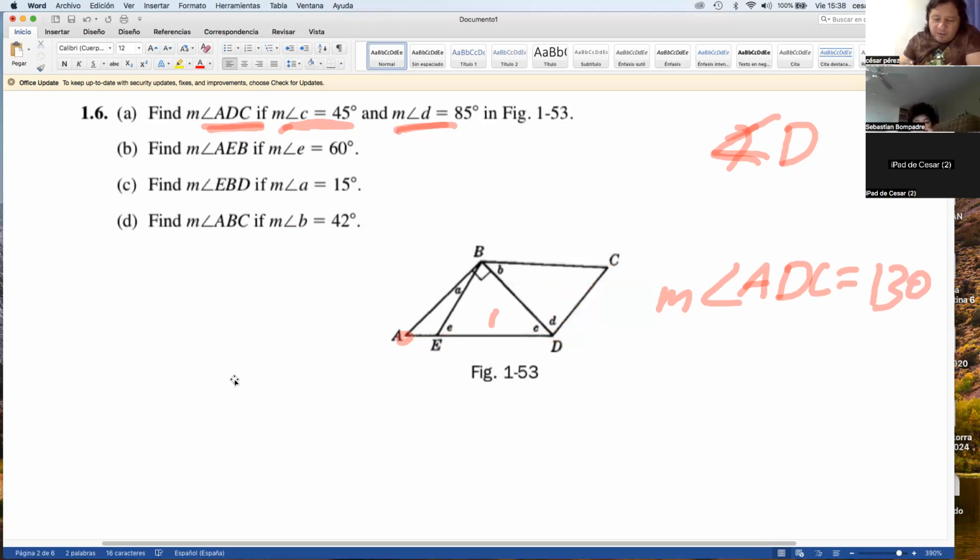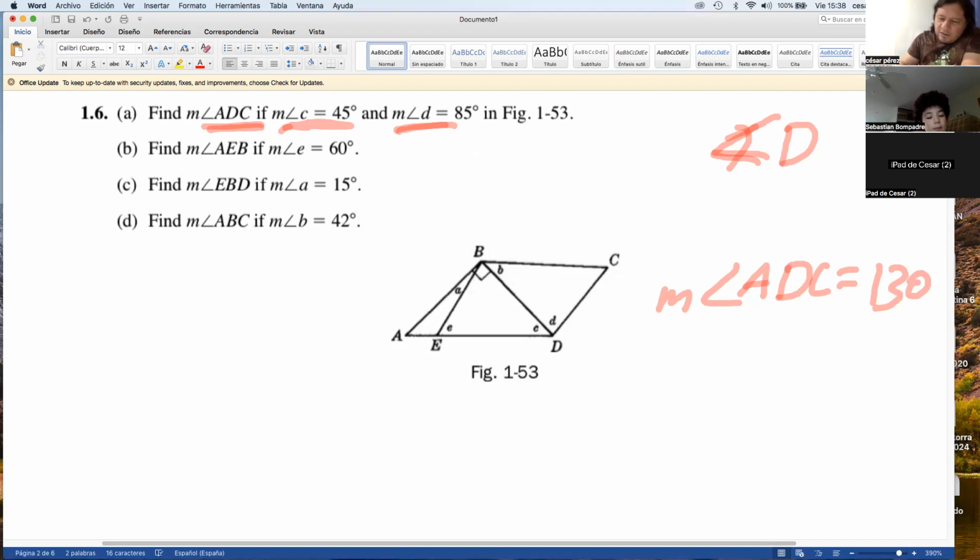Now let's see. I think we will need a bigger picture. Then we will work with option B. Is it 120 degrees?